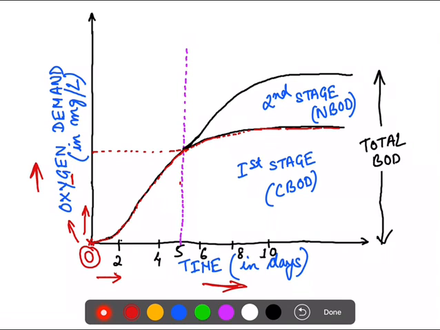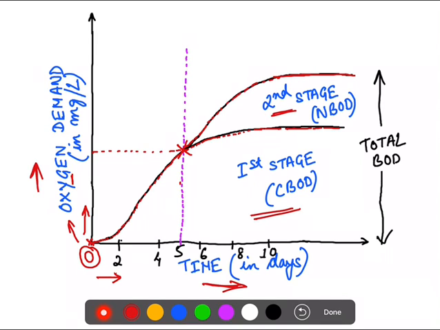Then you can see there is one more curve generating from this point, and it goes on like this. Now, this graph is showing the stages of BOD: one is first stage BOD, one is second stage BOD.